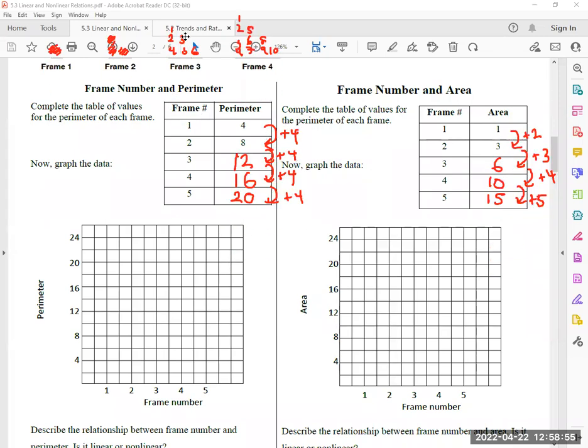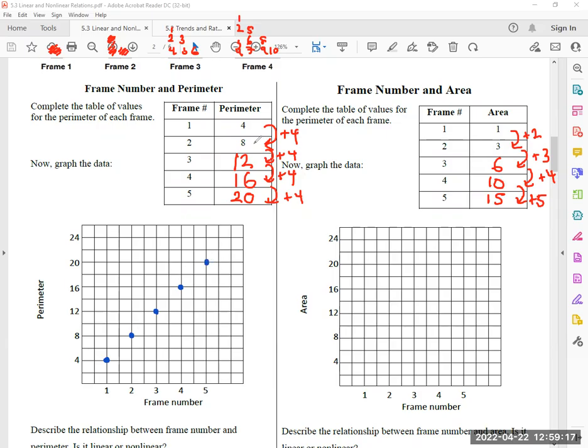Let's do it. Would you take about a minute to graph this for me? Perimeter, frame number. The first one's easy. 1, 4. 2, 8. 3, 12. 20.